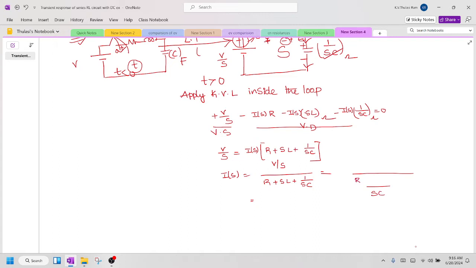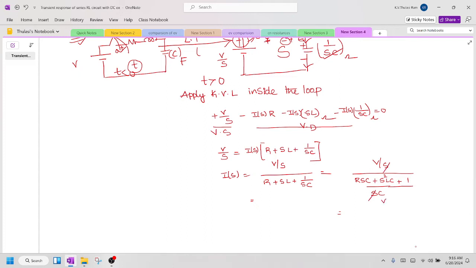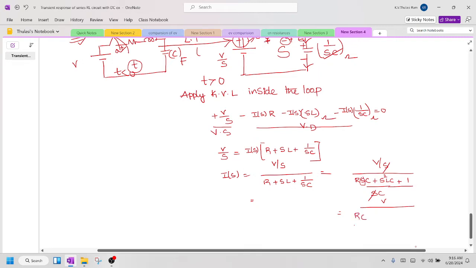So this is R SC, SC into SL is S square LC, plus 1, to the V by S. Okay, and you can see here S will get cancelled, and we can write this as V divided by, here I want to make the coefficient of S as 1. What can I take common? RC as common. So RC divided by C. So C will get cancelled.